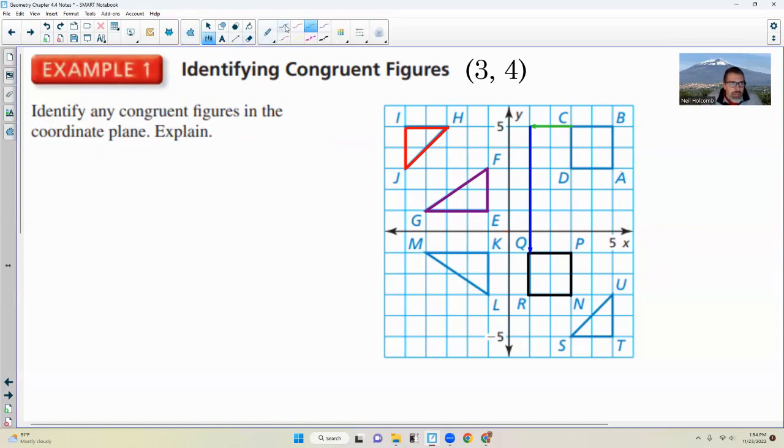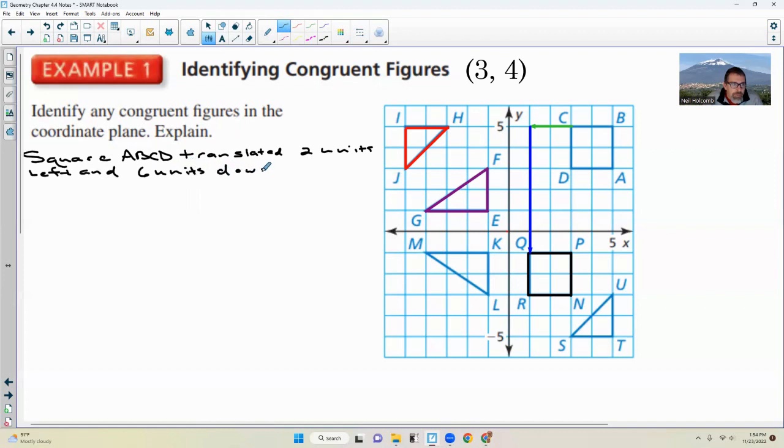So what we can say here is square ABCD translated 2 units left and 6 units down gives us square.